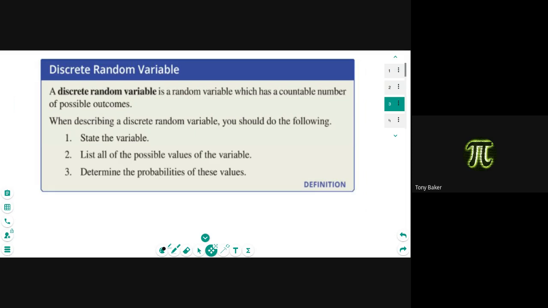You can describe it using words instead of actually listing every single possible value. But it should be possible to do that if it's a discrete variable. And then each of those values has a specific probability that is attached to it. Again, the more realistic the situation, the more complicated that's going to end up being. But we should still be able to do it. We're going to look at a few of those cases.